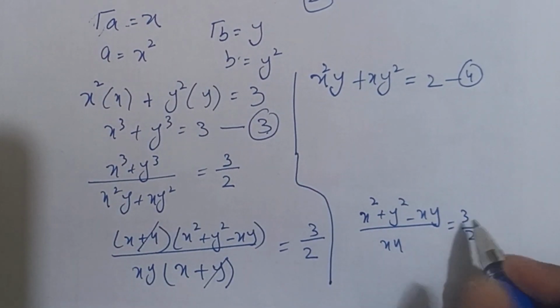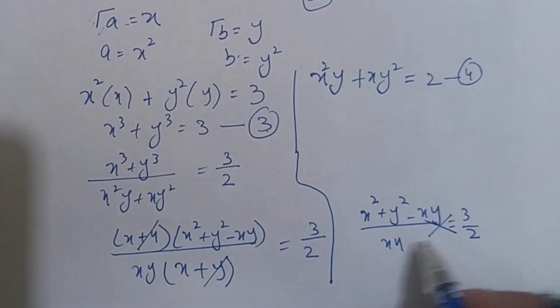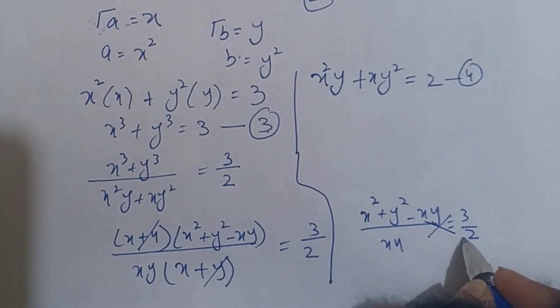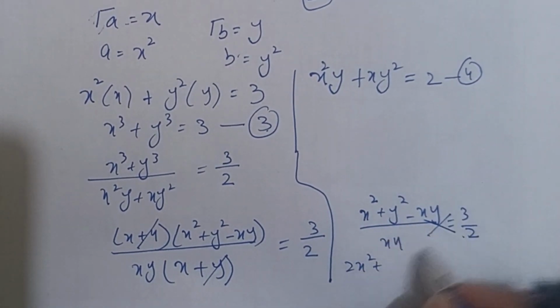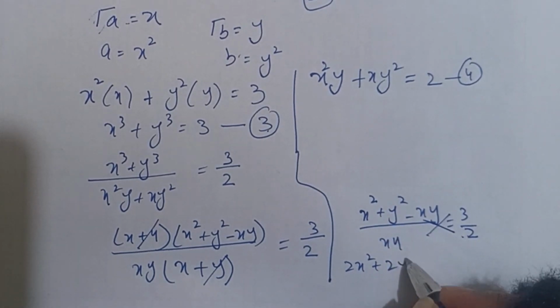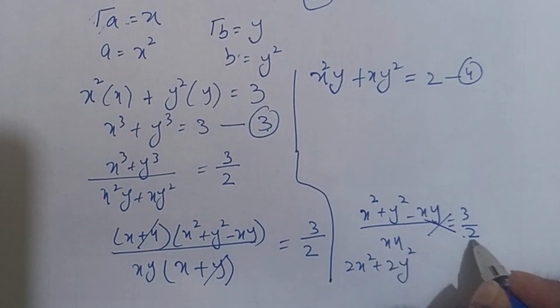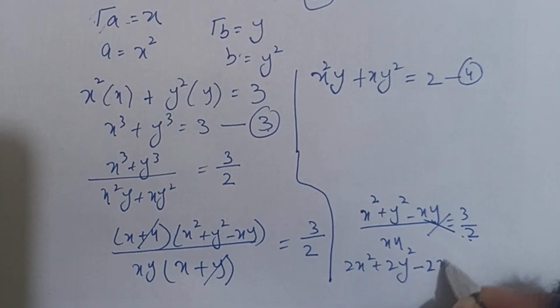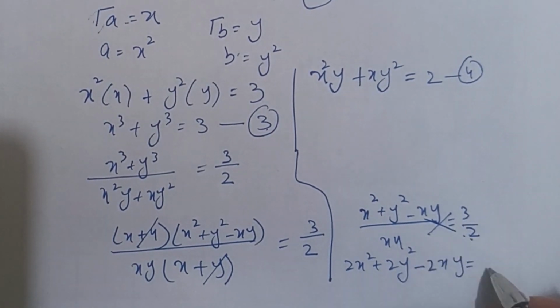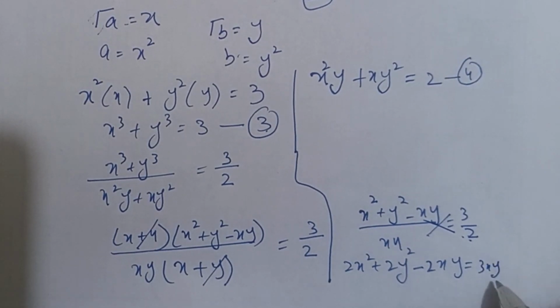is equal to 3 over 2. Now in the next step we cross multiply this value. So we get 2 multiplied by x square, 2x square, plus 2 multiplied by y square, 2y square, and multiplying 2 by minus xy, we get minus 2 times xy. The right hand side is 3xy.